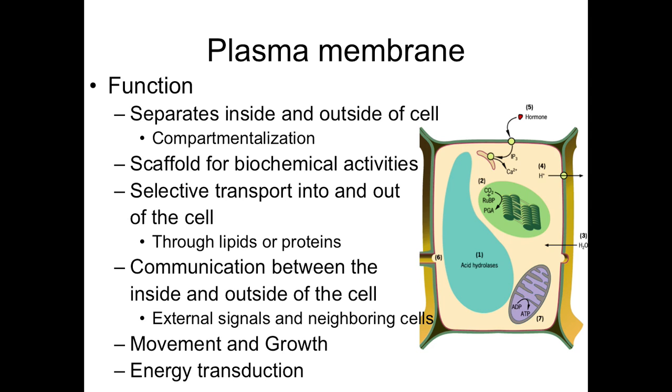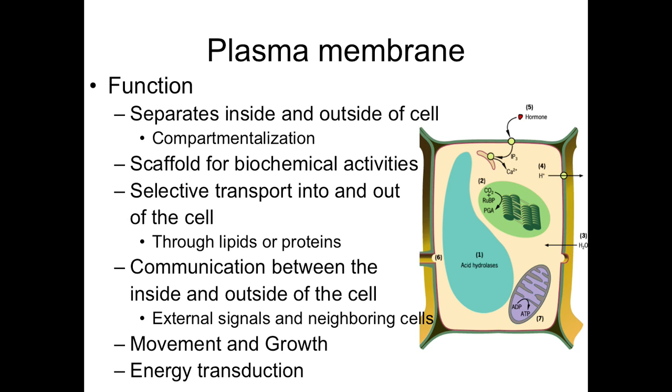All right, so the plasma membrane has many functions, but its most basic function is the separation of the inside of the cell from the outside of the cell. And then there are many functions that go along with that separation.